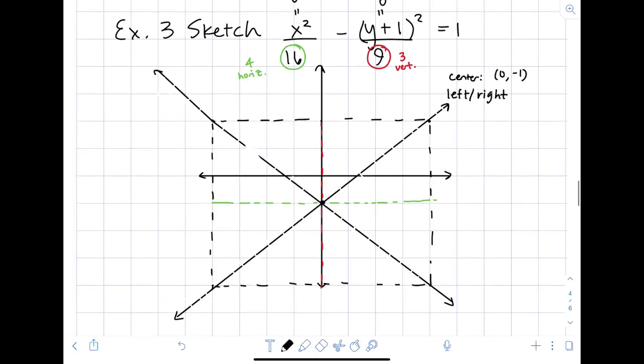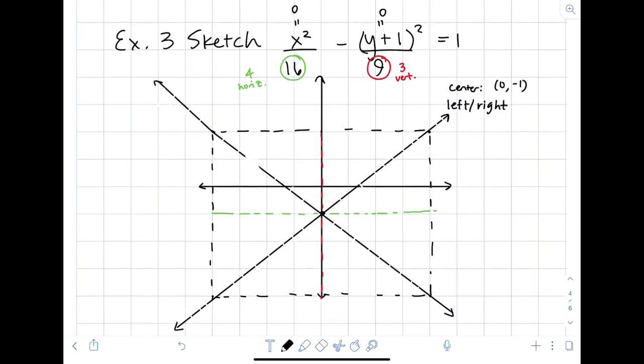Okay, let's write the formula for these asymptotes now that we've got them looking sufficiently dashed. So the formula would be, we need the slope and we need a point that's on the asymptote. So we're going to use point slope, and remember the formula for point slope is the slope times x minus the x coordinate equals y minus the y coordinate.